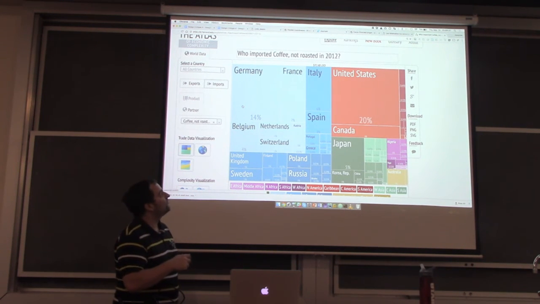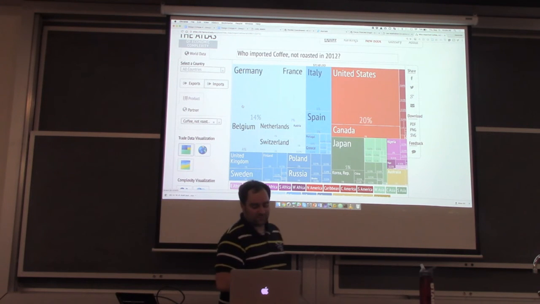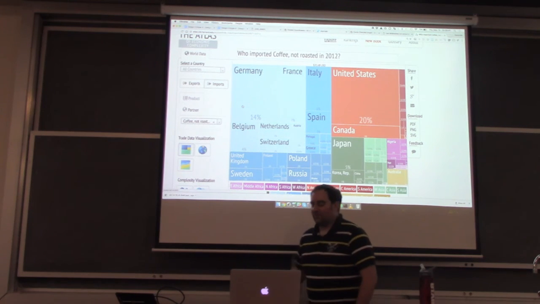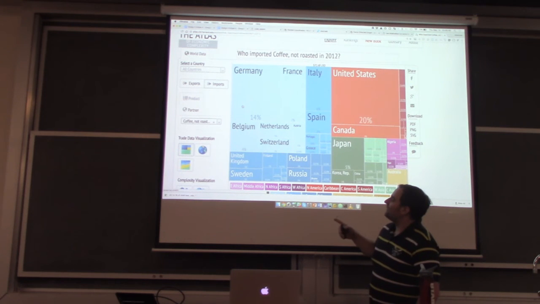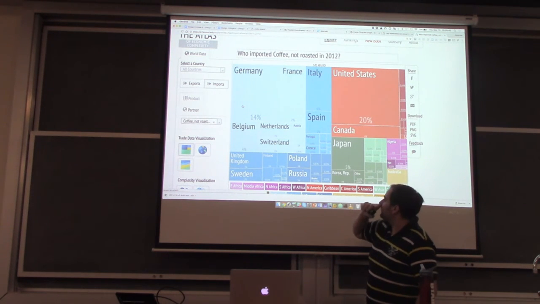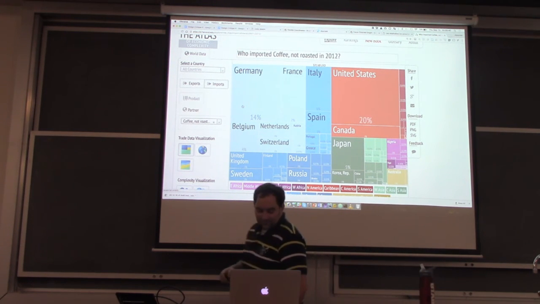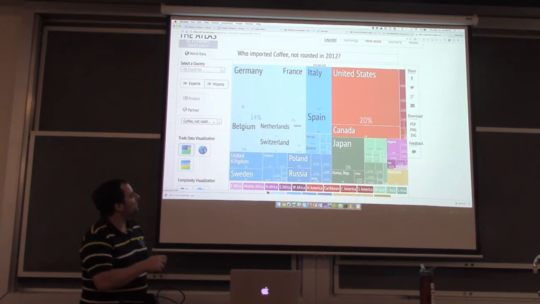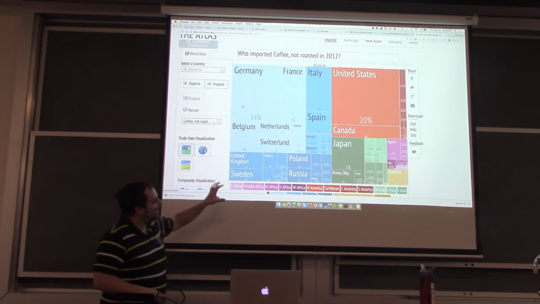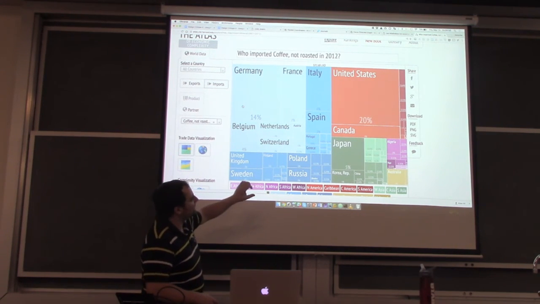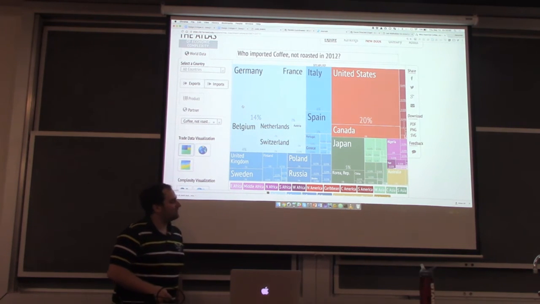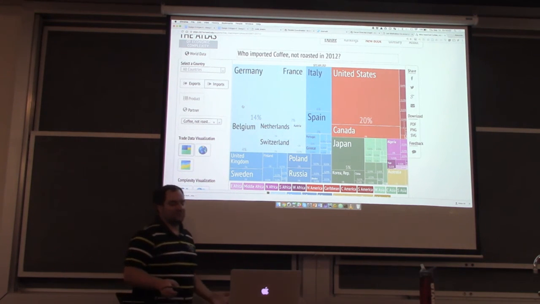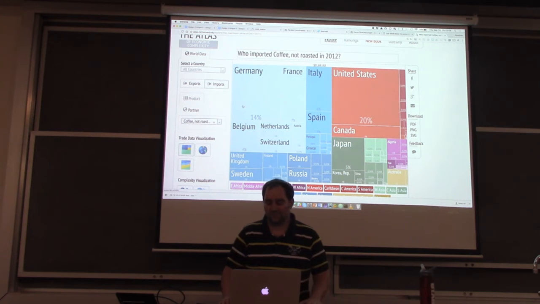So here is who imported coffee that was not roasted in 2012, and you see that Germany imports a lot of coffee, and the United States imports a lot of coffee, but other countries like the United Kingdom, which you would expect is roughly the same size as Germany, seem to prefer tea over coffee. And so you see the hierarchy here, the tree here is the continents, and the size here are the attributes of the tree. So this is just one of the tree visualization techniques.